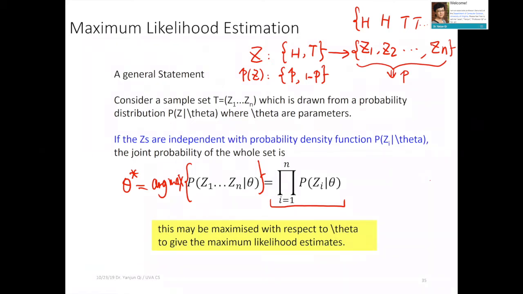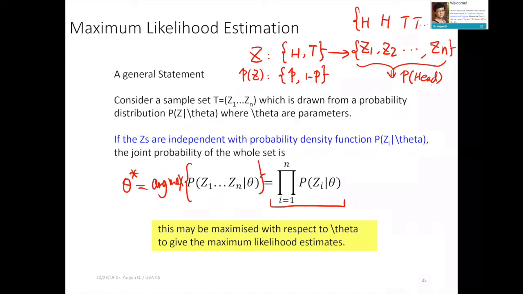You are given the samples, and what we reviewed is the basic Bernoulli case. It's just heads and tails. You see many observations of flipping coins, and you get a set of outcomes, which we represent as z1, z2 until zn. Then in the basic Bernoulli case, we use that to estimate p hat.